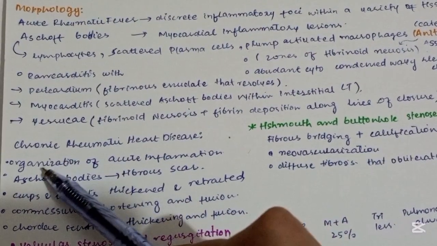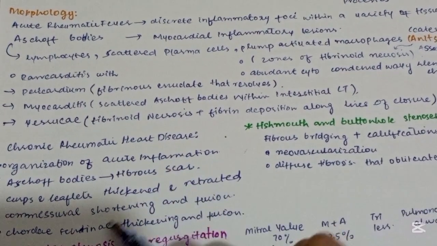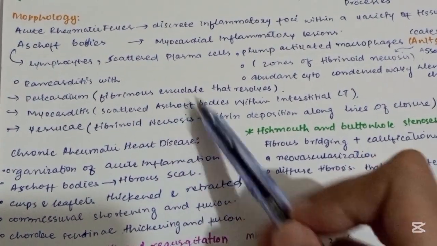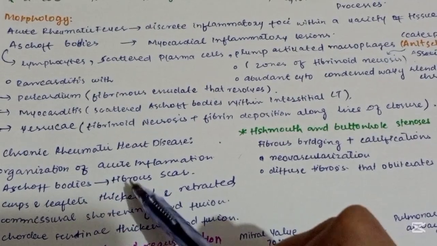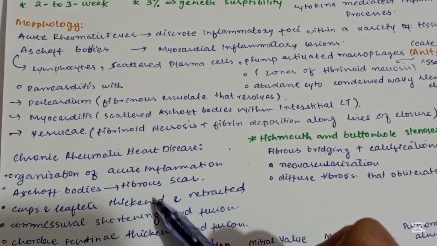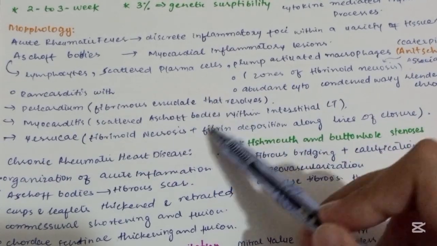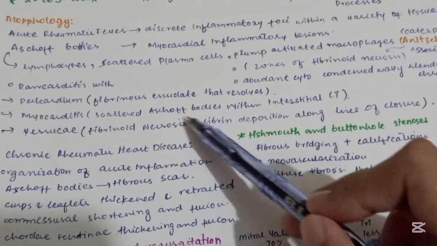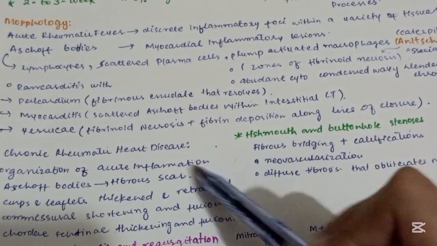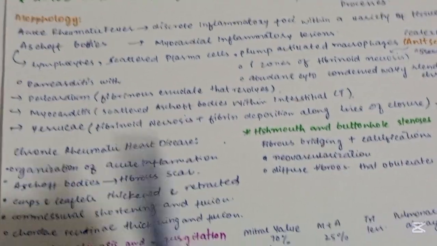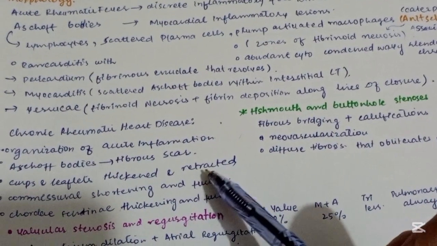So here, in case of chronic rheumatic heart disease, the acute inflammation is actually organized. Like the Aschoff bodies, they are converted into fibrous scar. In acute disease the inflammatory cells are present around the necrotic area, but in case of chronic, the inflammatory cells are going to be replaced by fibrous tissue. The cusps and the leaflets become thickened as well as retracted.